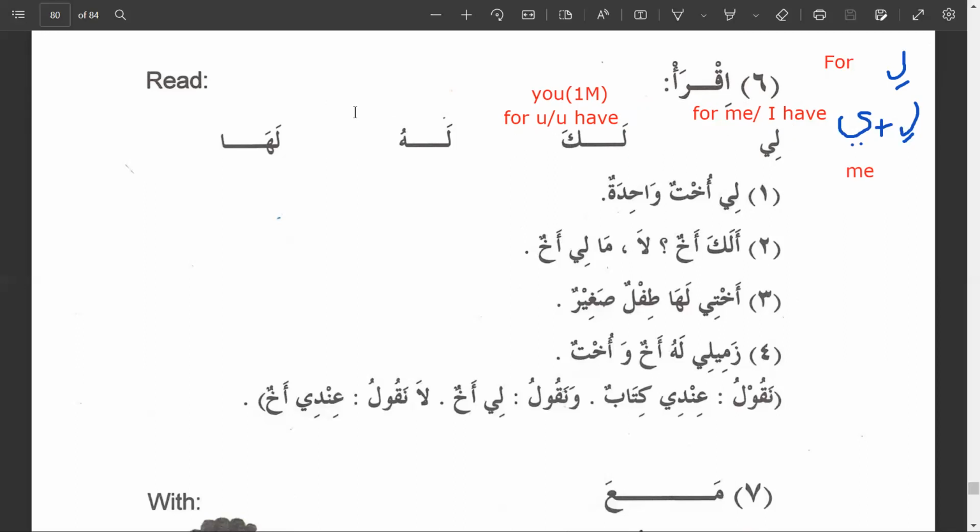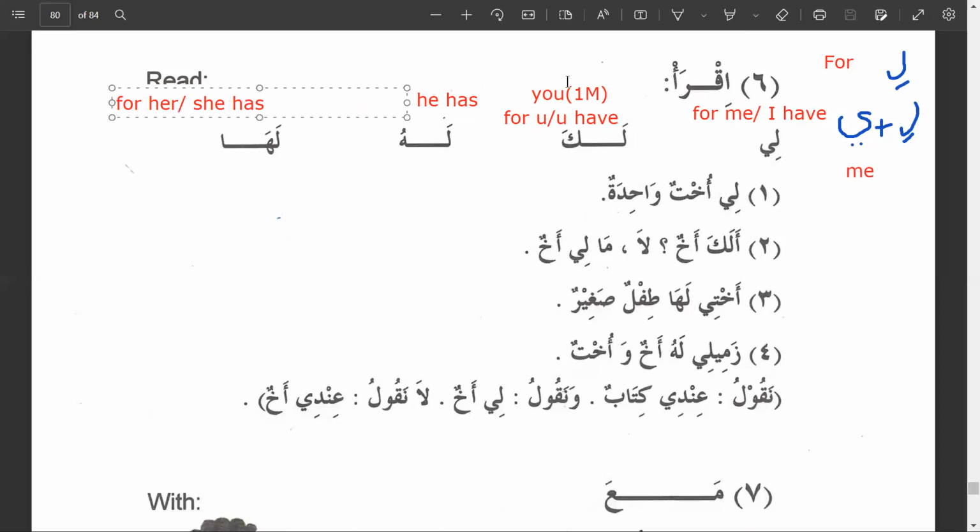And lahu means, who is he, so lahu means for him, or you can say he has. Okay. And laha means for her, or she has.